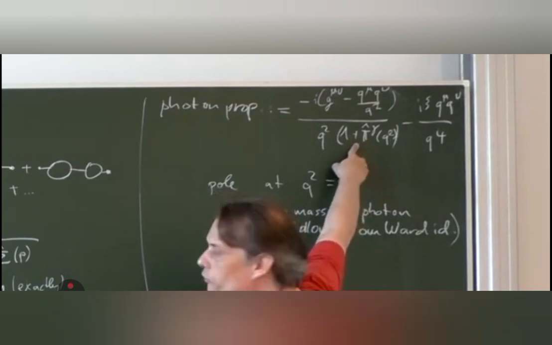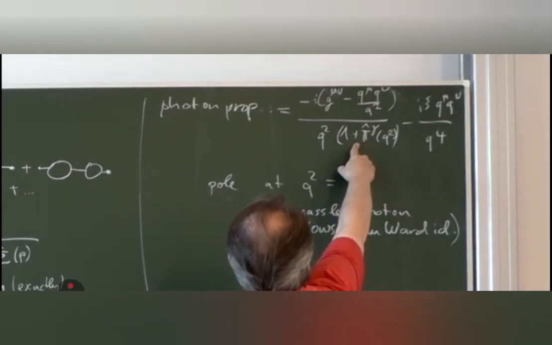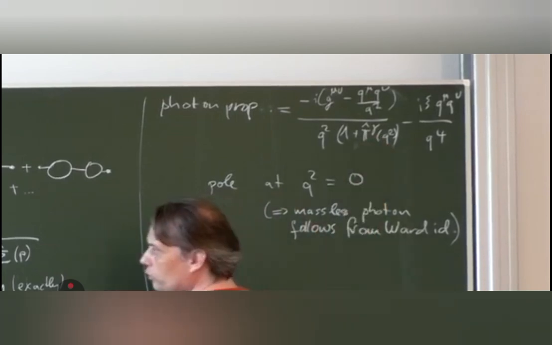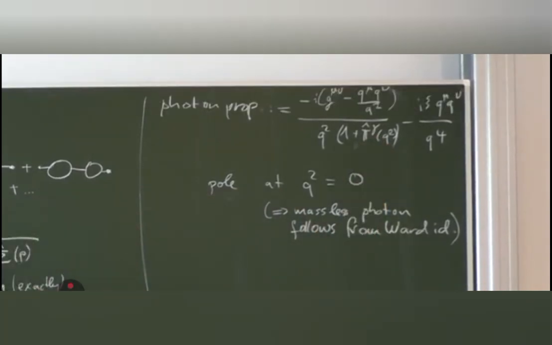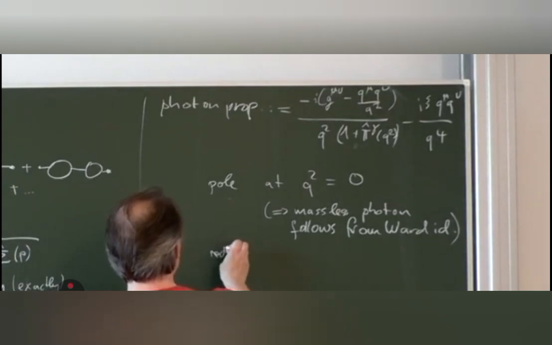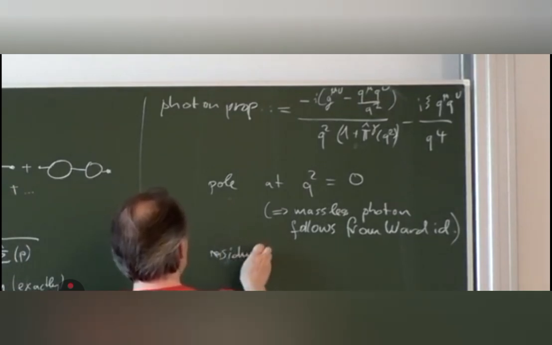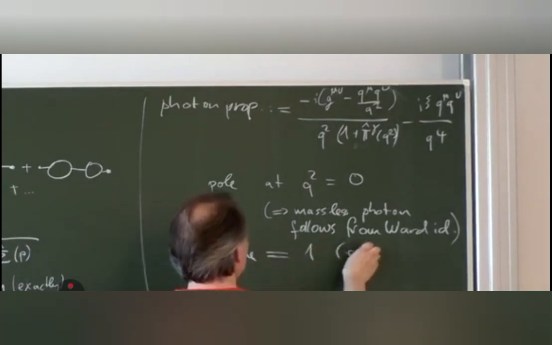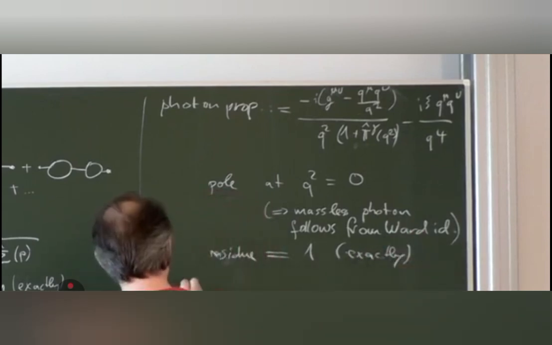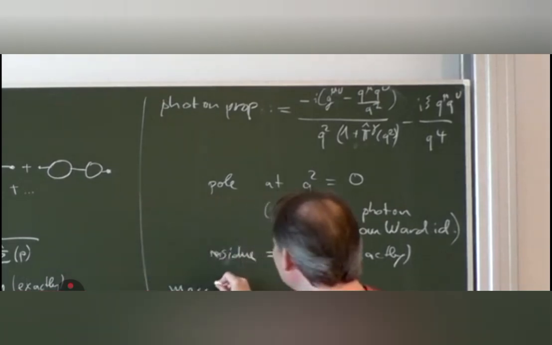What is the residue at the pole? The residue of the pole comes from the derivative of π γ at q² equals 0, or π γ at 0, and π γ at 0 vanishes because of the on-shell condition. Therefore, the residue is 1. So this is what we have achieved in the on-shell scheme.